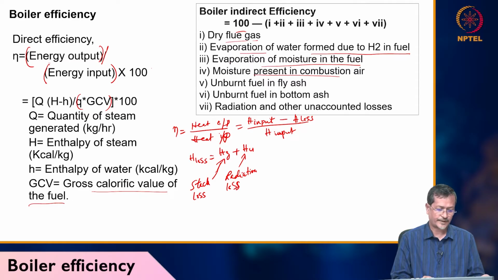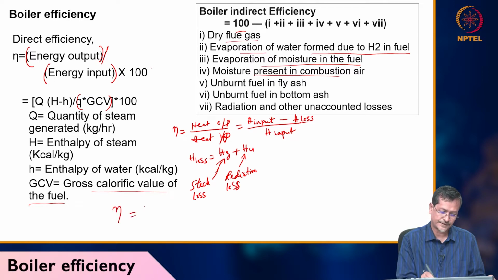The efficiency becomes eta equals (H input plus Ha minus H loss) divided by (H input plus Ha).